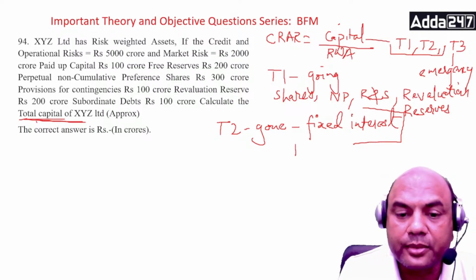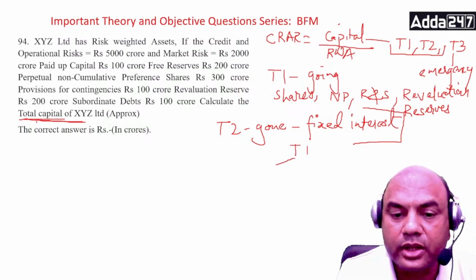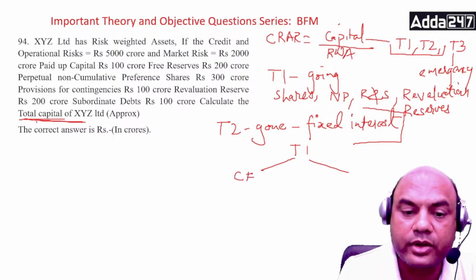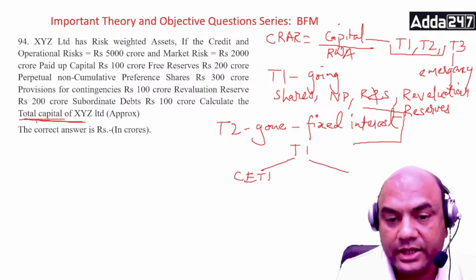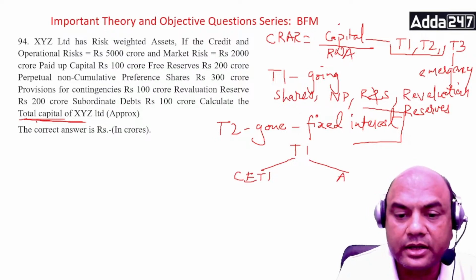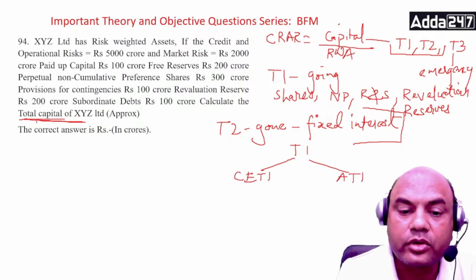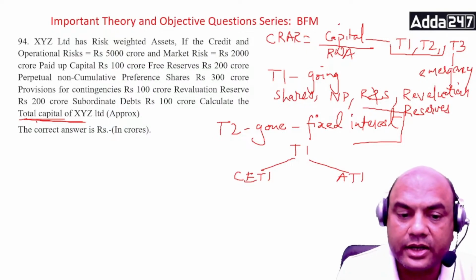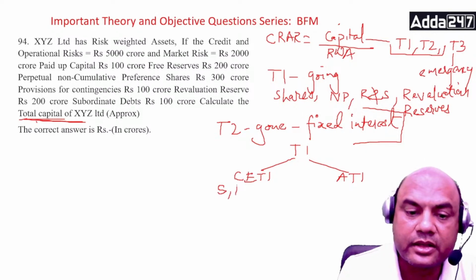T1 is of 2 types. Two parts it is. One is CT1, common equity tier 1. And the second one is known as AT1, additional tier 1. CT1 has these 4 elements which I have just written: shares, net profit, reserves and surplus, and revaluation reserves, RR.